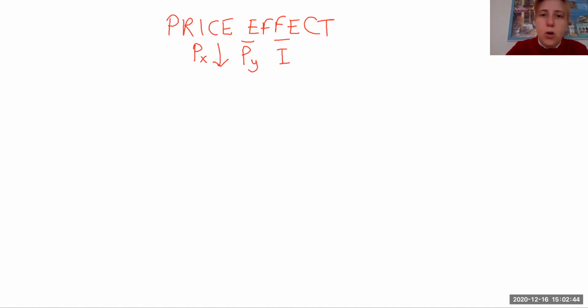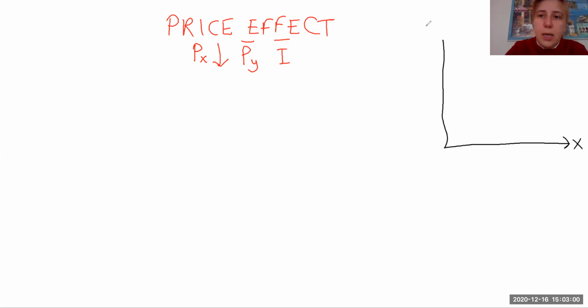Let's draw a simple graph here about the choice of the consumer, and then we will try to understand what is happening to the choice of the consumer. What's the reason behind the change in the choice?